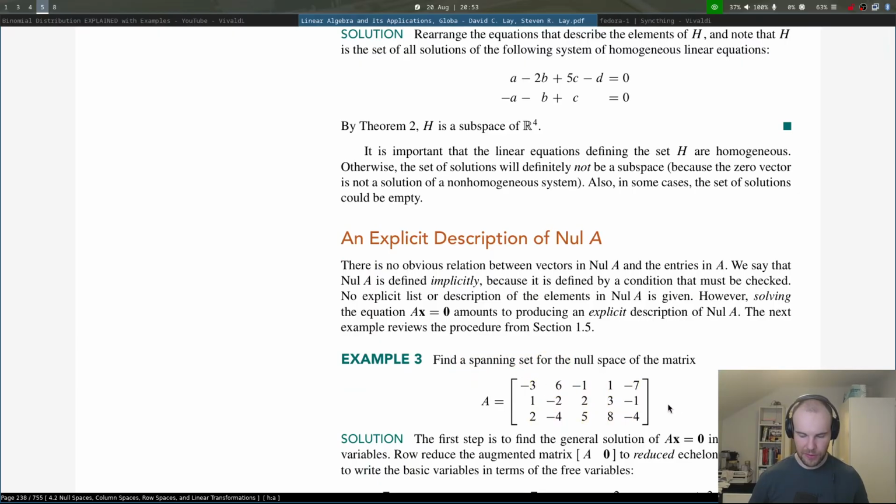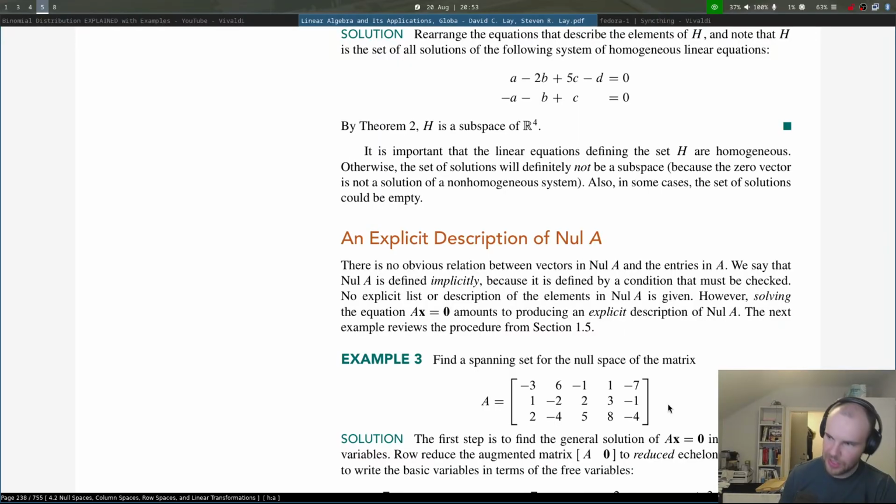Okay, perfect. So A is equal to minus 3, 6, minus 1, 1, and minus 7, like that. Then we have 1, minus 2, 2, 3, minus 1. Then I have 2, minus 4, 5, 8, and then minus 4.